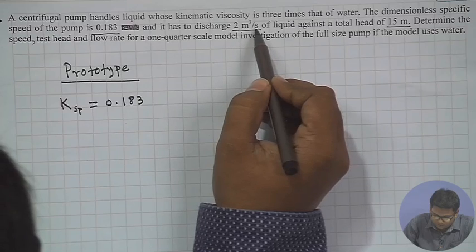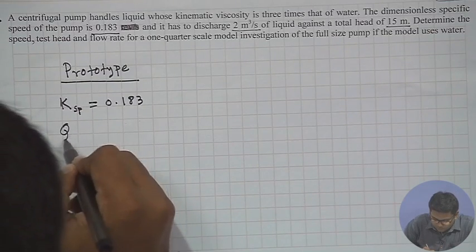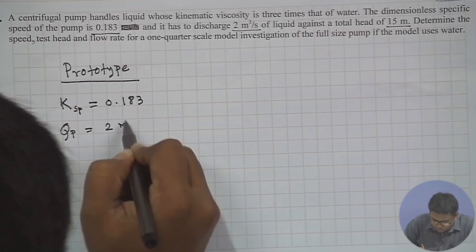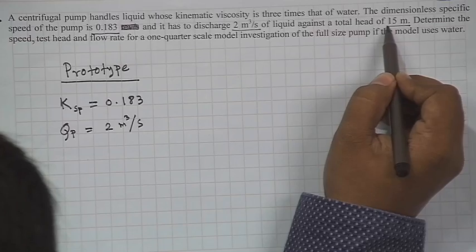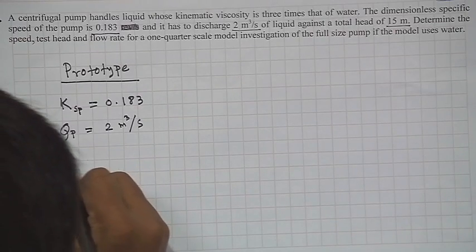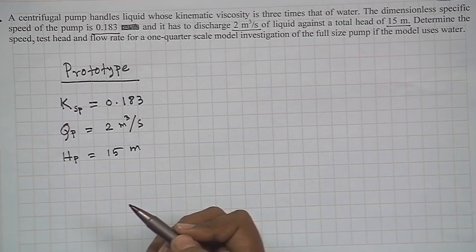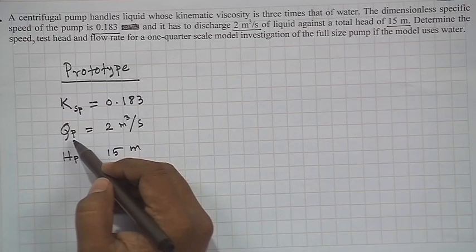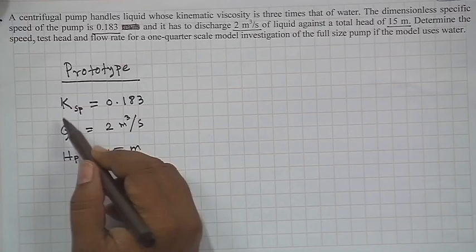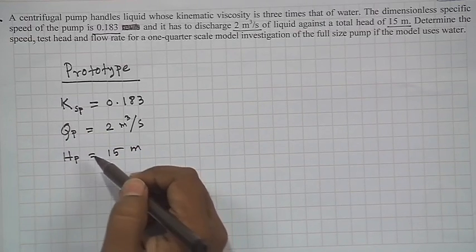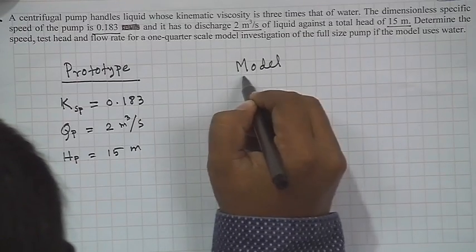The flow rate through the prototype pump is 2 meter cube per second, so QP is 2 meter cube per second, and total head across the pump is 15 meter, so HP is 15 meter. Important thing to note is that we are using subscript P to denote the parameters or variables associated with the prototype. Similarly, the given parameters for the model pump.